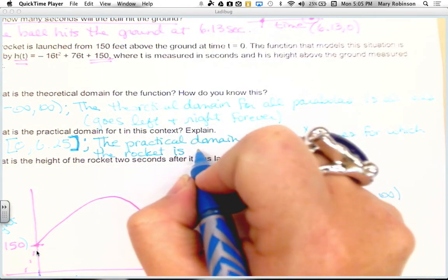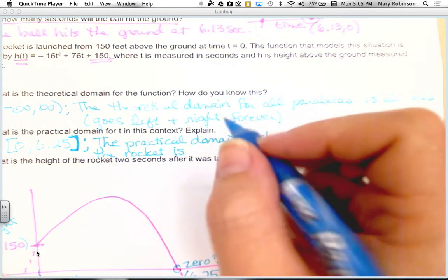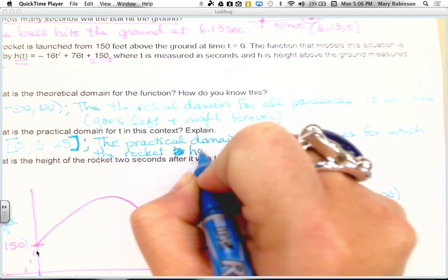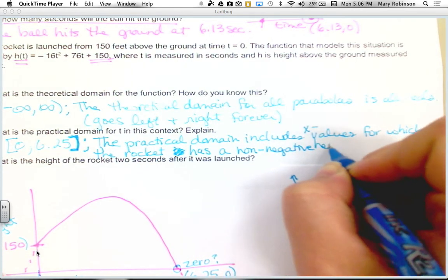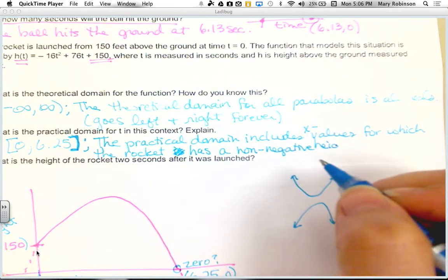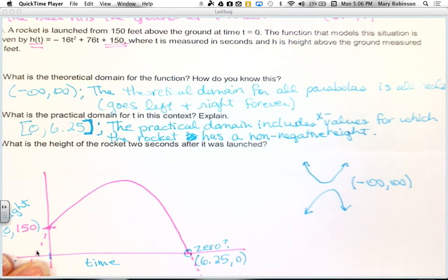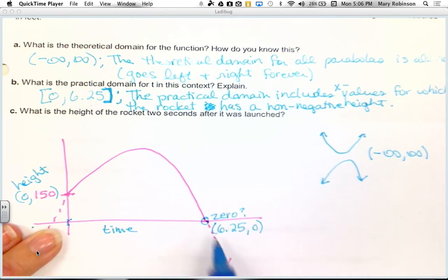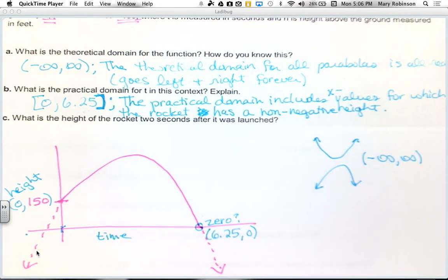So we could say it's, let's see, the practical domain includes x values for which the rocket has a non-negative height. So remember, non-negative means 0 and positive. So that means you can have a height of 0. You just can't be negative. So non-negative, again, means 0 and positives. Okay? So the practical domain includes x values for which the rocket has a non-negative height.